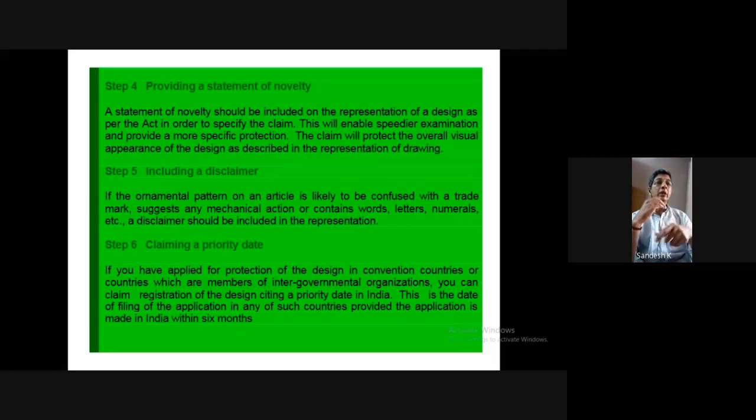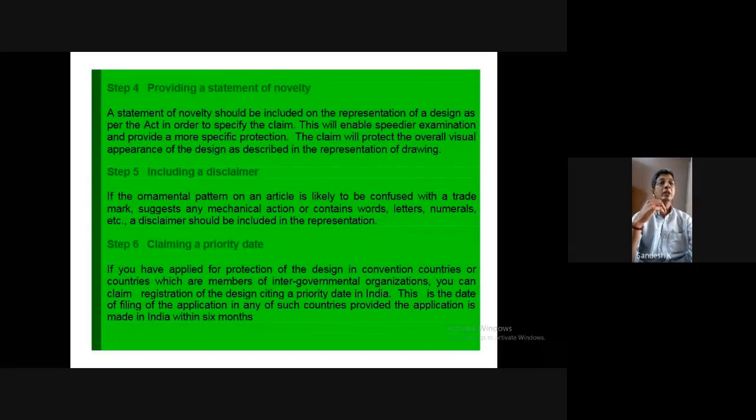Then you have to claim what the novelty is, how your product is novel compared to other products already in the market, and how it is visually different, as you have shown in the A4 printout.